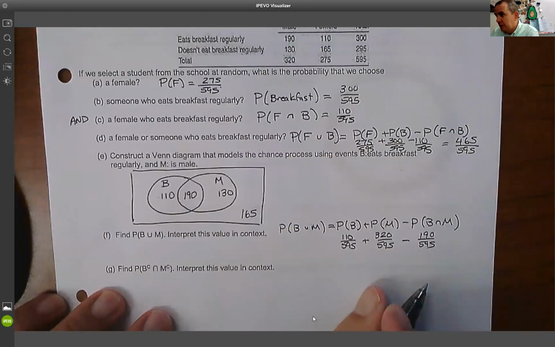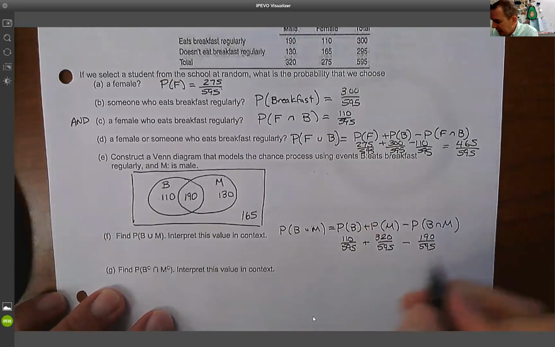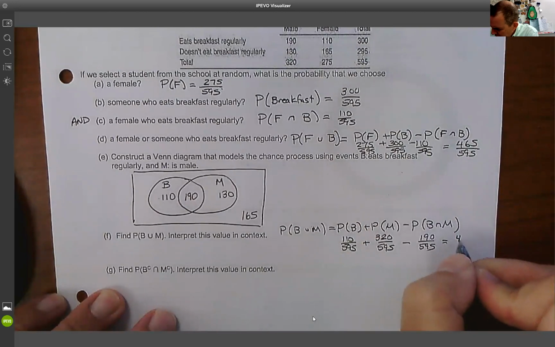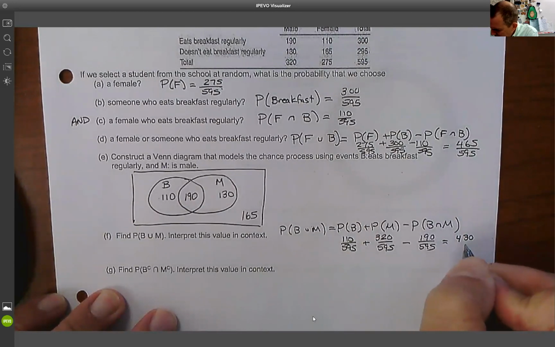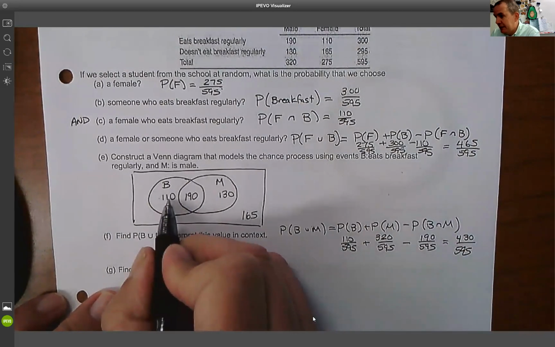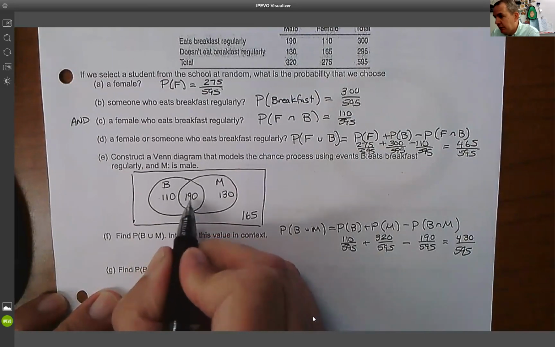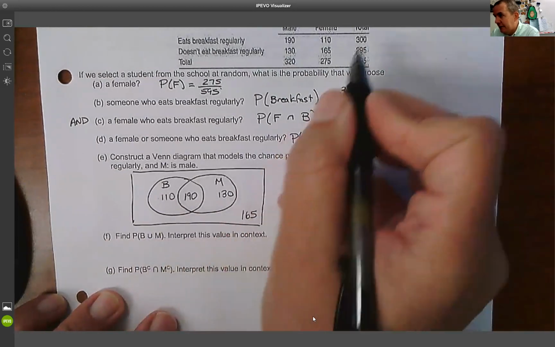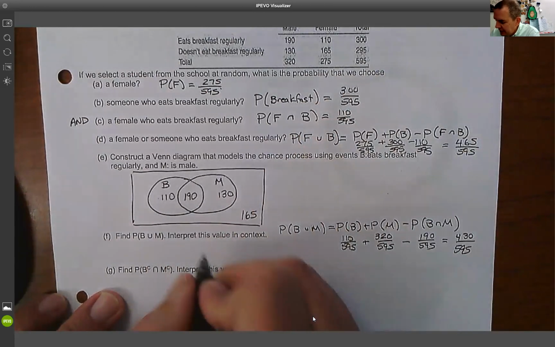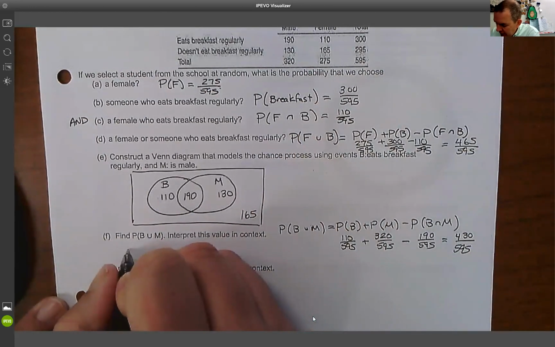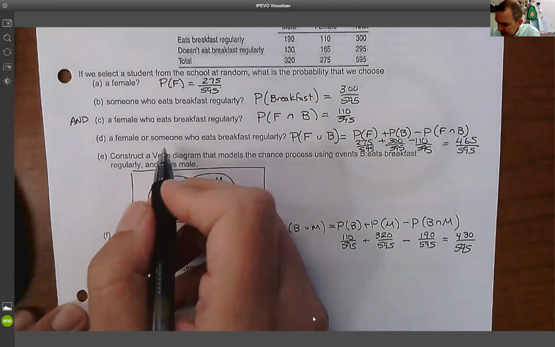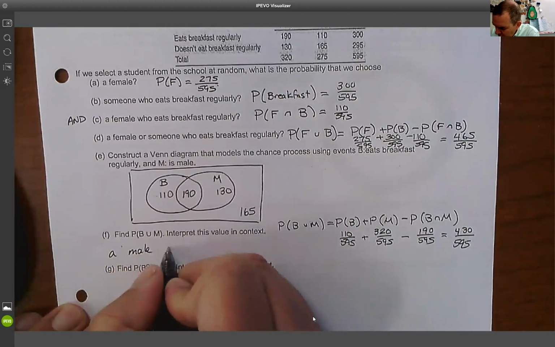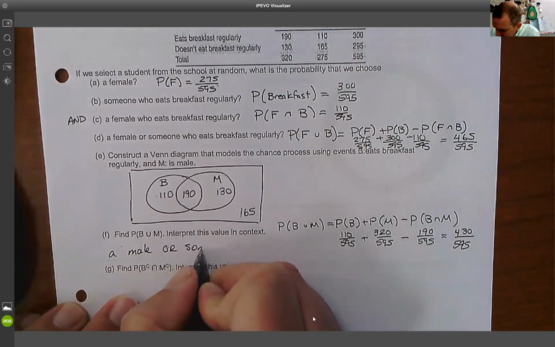When I add these up, I get 430 out of 595. Another way to think about it is to add up all these numbers: 110 plus 190 is 300, 300 plus 130. In this total circle, there are 430 people out of the 595 total. It's like a male or someone who eats breakfast.